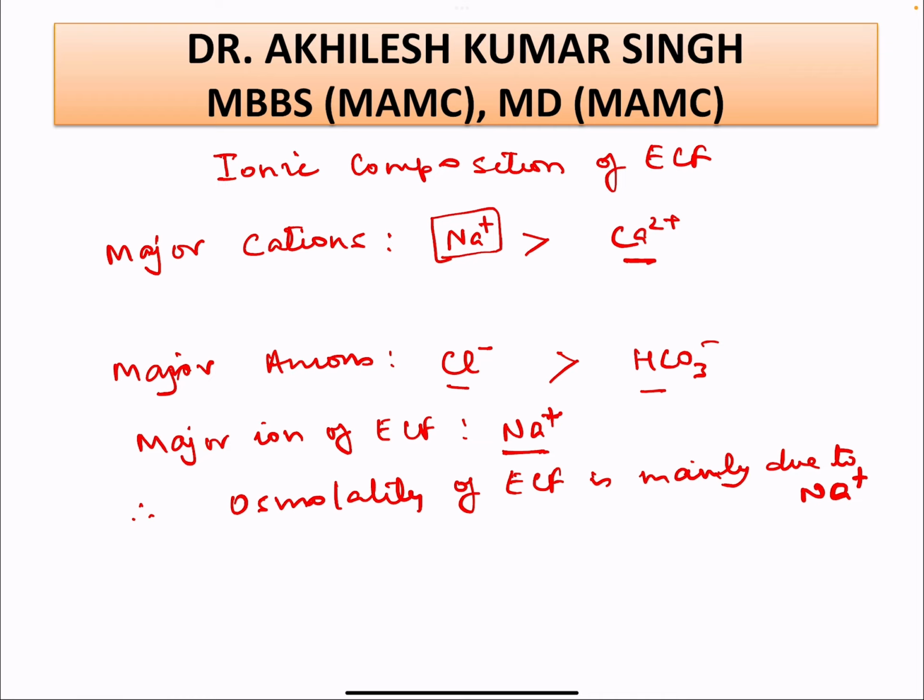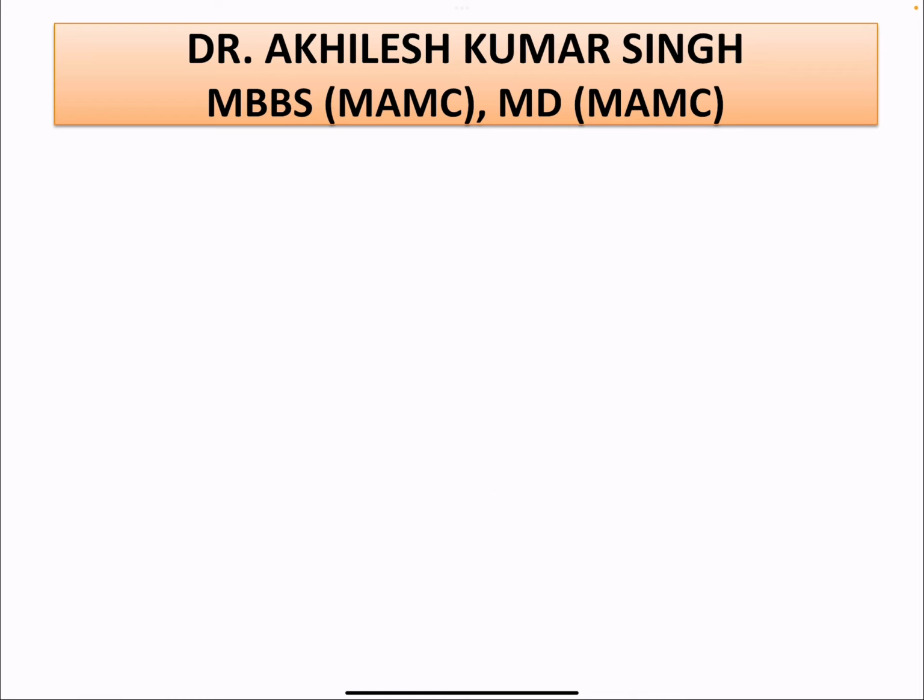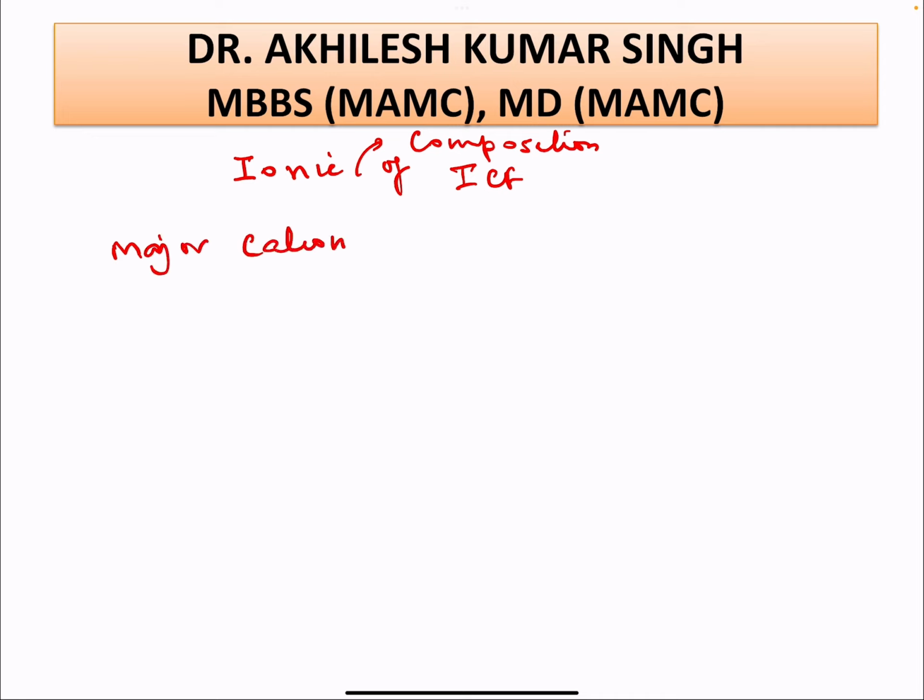Now regarding the ionic composition of the ICF, we will compare it with the ECF. The major cations of the ICF are the potassium ion and the magnesium ion. Out of these two, the potassium ion is more in concentration than the magnesium ion.